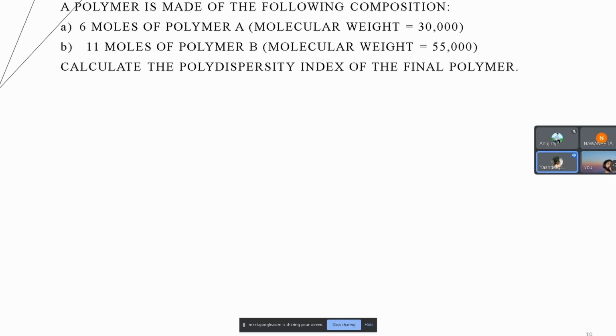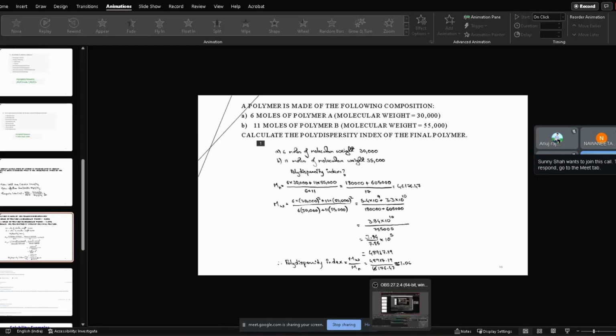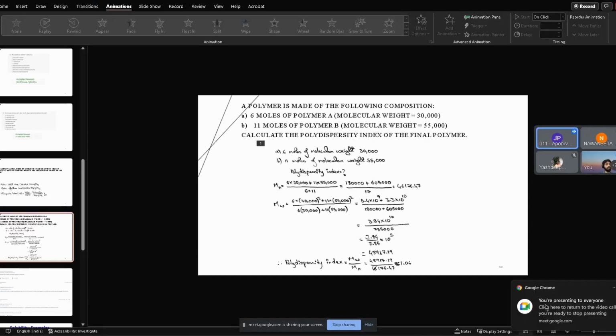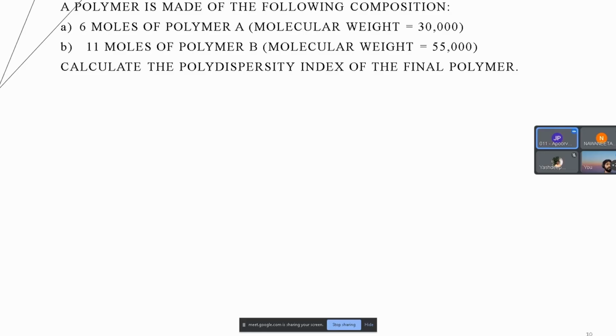Average weight of the polymers divided by total number of moles. Number average molecular weight by weight average. Okay. So, how do you calculate the number average molecular weight of the polymer? It's the number of moles times molecular weight by total number of moles.